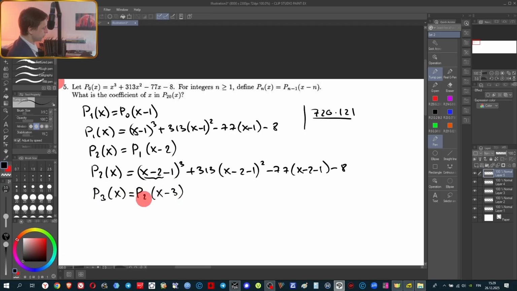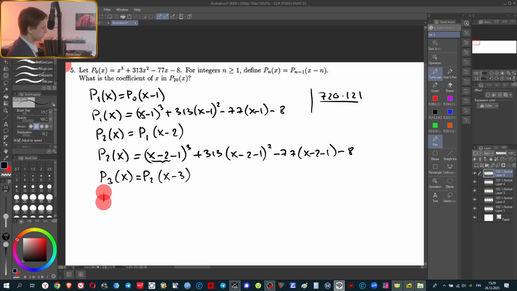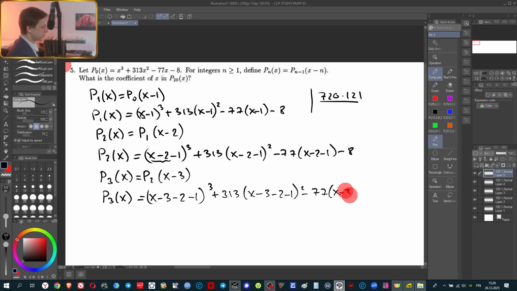So P3 of x is defined through P2, but instead of x, we substitute x minus 3. So P3 of x equals (x minus 3 minus 2 minus 1) cubed plus 313 (x minus 3 minus 2 minus 1) squared minus 77 (x minus 3 minus 2 minus 1) and minus 8.